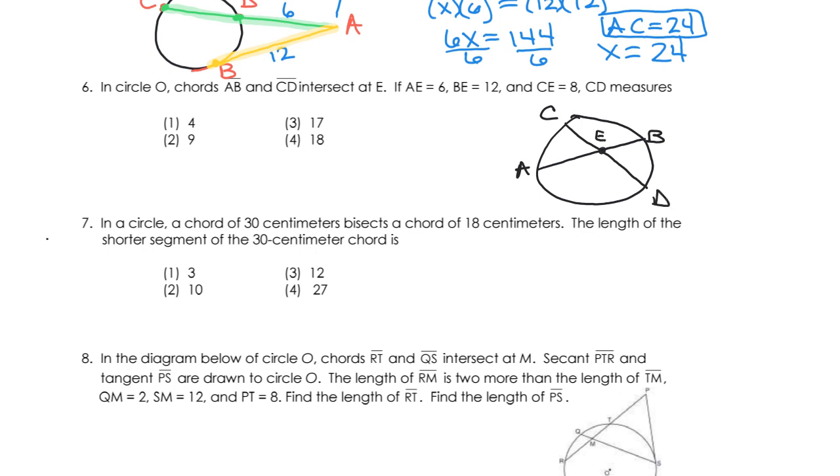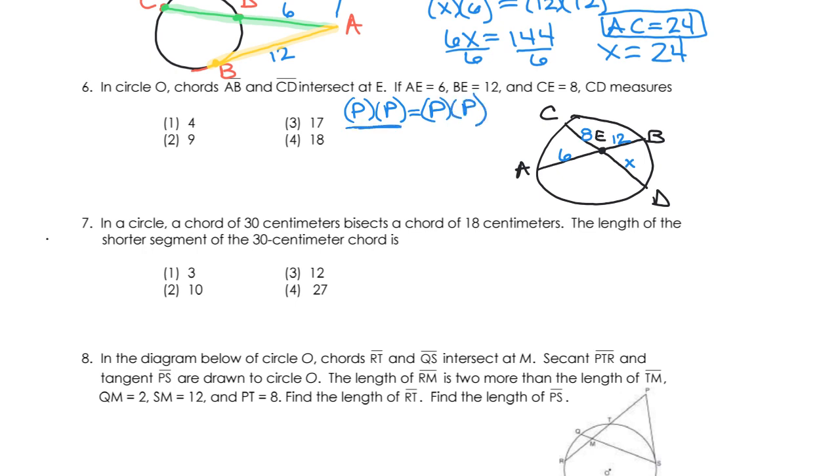And it says if AE equals 6, and BE equals 12, and CE equals 8, they want you to find what CD measures. So in this one, I'm not going to call CD X. I'm actually going to call this piece X, because I know the formula for two chords is part times part equals part times part.